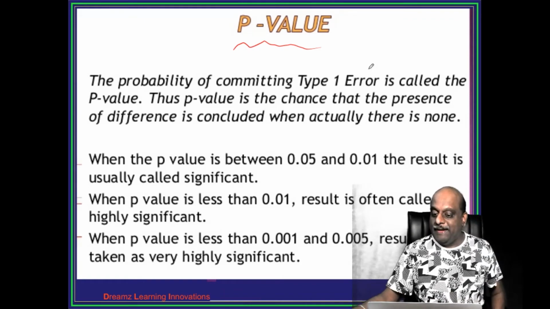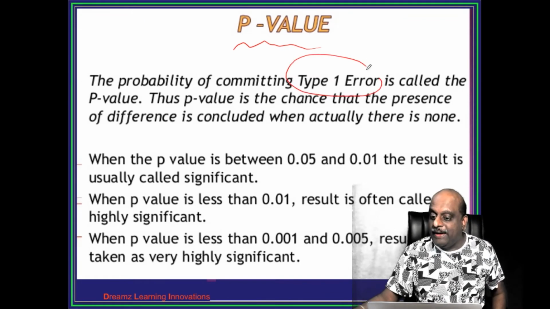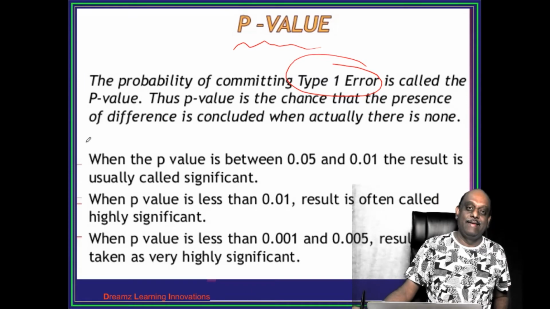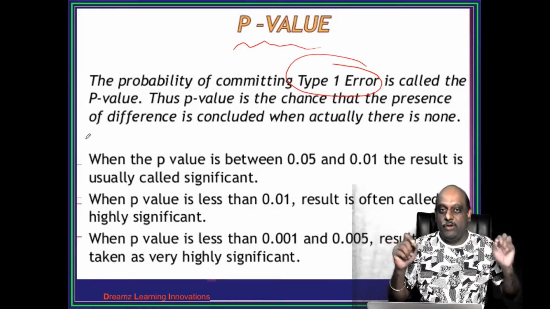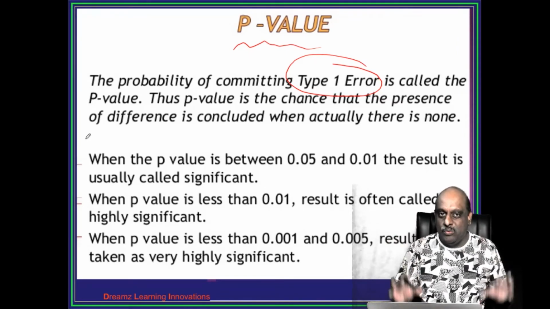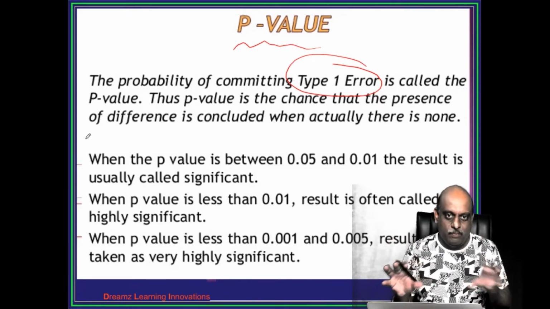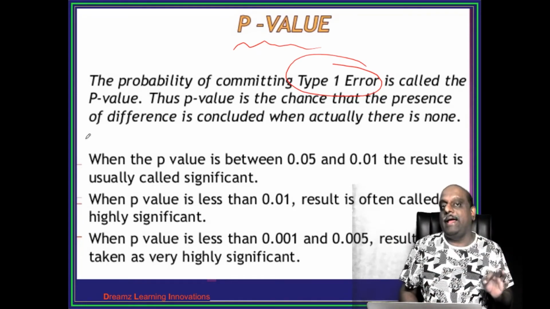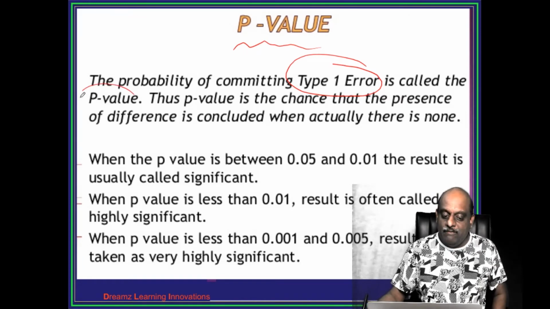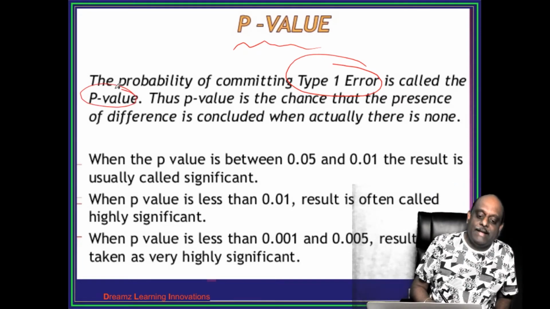The p-value is the probability of committing a type 1 error. When you conduct a study and you are comparing two parameters, the probability of committing a type 1 error is called the p-value.